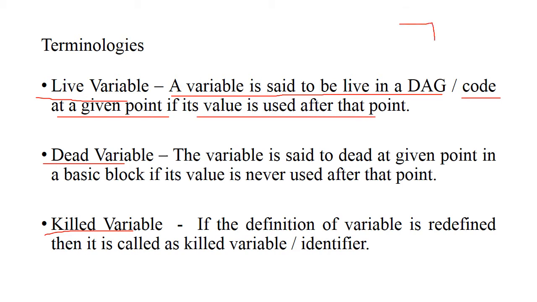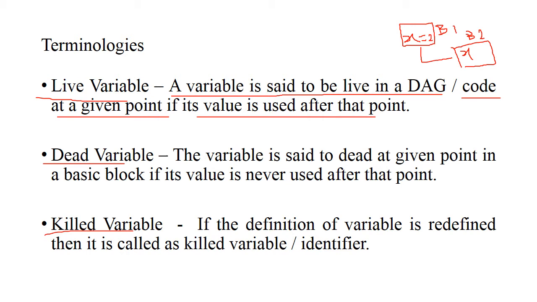Suppose we have block B1, and in B1 the variable x is assigned the value 2. After B1 there is block B2, and in B2 this x is used again. So we say the variable x is live because its value is used after that particular point also.